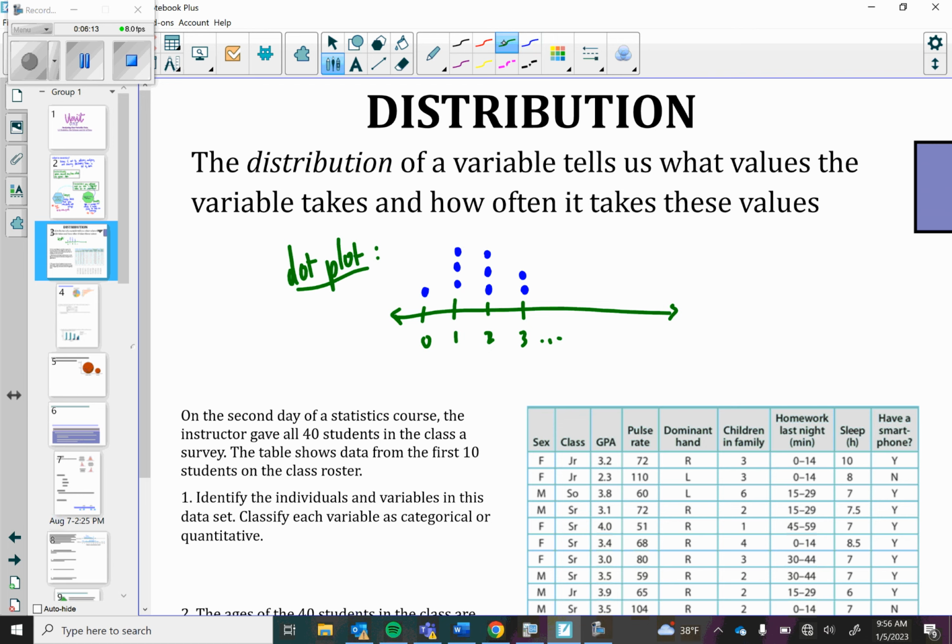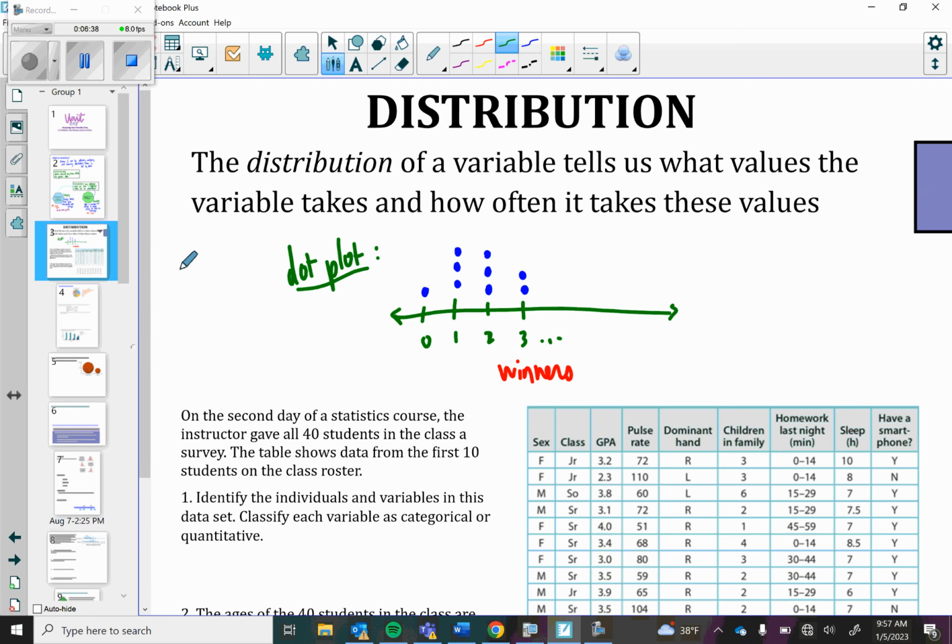So, for example, the values this variable could take, the number of winners, we could have 0 winners, we could have 1 winner, we could have 3 winners, etc. And these dots are representing how often there were 0 winners, there were 1 winner. The distribution of a variable tells us what values a variable takes and how often it takes these values.